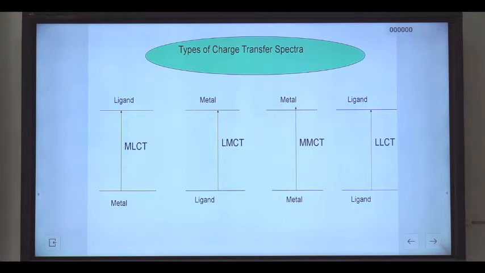Similarly for ligand to ligand charge transfer, both are ligands, but the condition is that the ligands should be oxidizing and reducing in nature so that LLCT will take place. However, MMCT and LLCT kinds of transitions are very rare, and LLCT is not responsible for the color of the compounds in most cases.